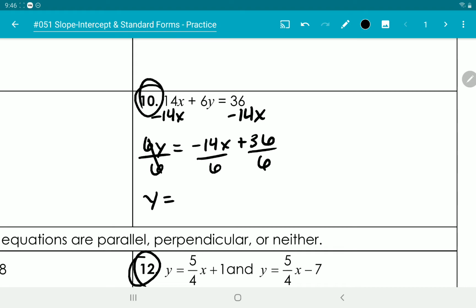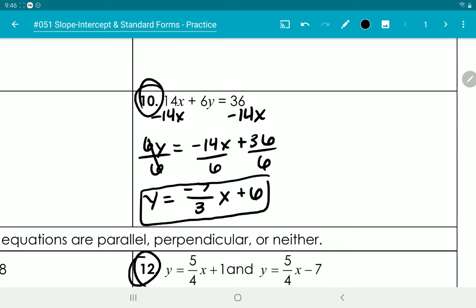Okay? So this is going to give us negative 7 over 3x. Okay, so if we simplify this, and then that's going to be positive 6. So here we go. We have y equals negative 7 over 3x plus 6 is what you're going to get.